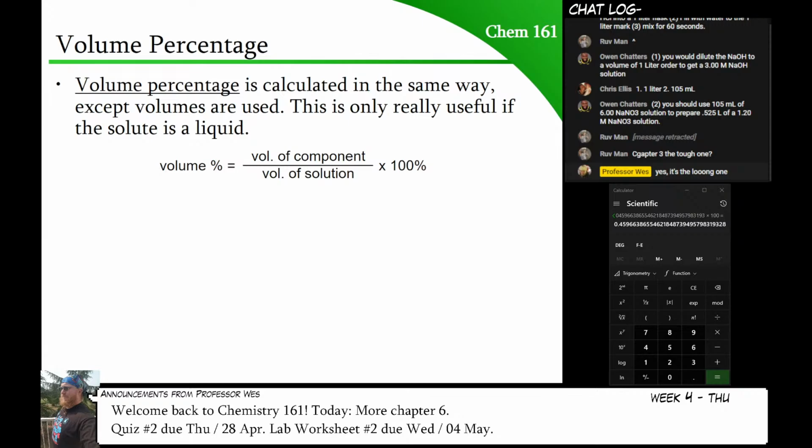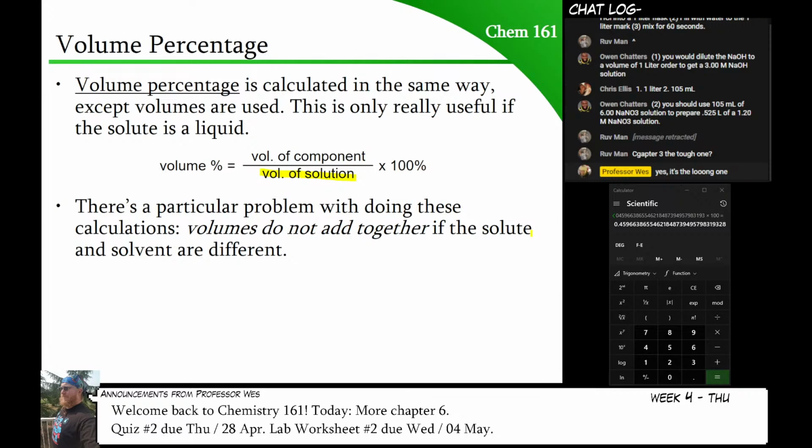Now, there is an issue that arises, and it's probably not one you're expecting. This is not the volume of the solute plus the solvent. If your solute and solvent are different substances, the volumes don't add together.